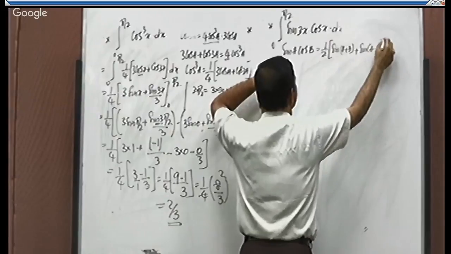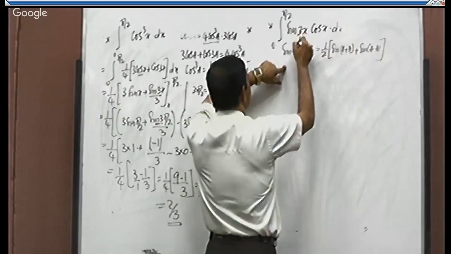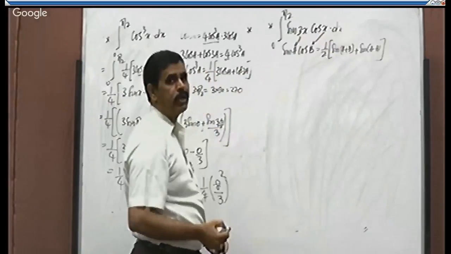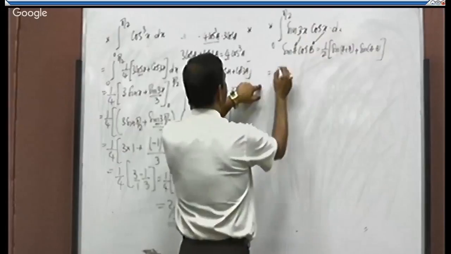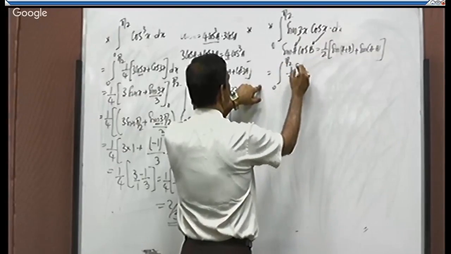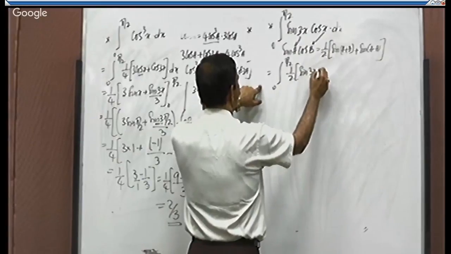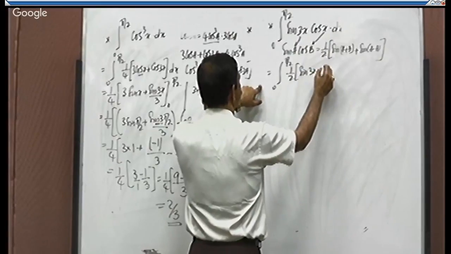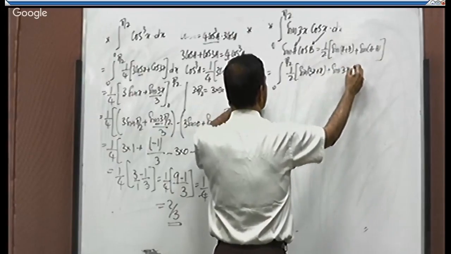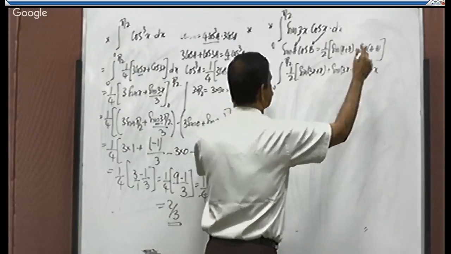Is it right? What is A? This is A. What is B? This is B. A is 3x, B is x. Right, according to that, 0 to pi by 2, 1 by 2 into sin of A, 3x plus B, x, plus sin of A, 3x minus B, x, into dx.